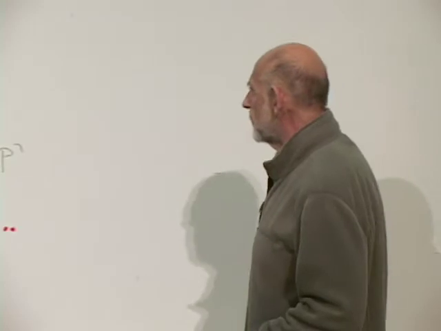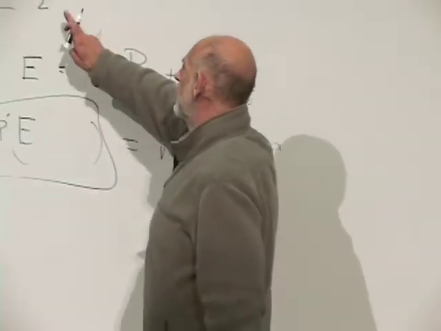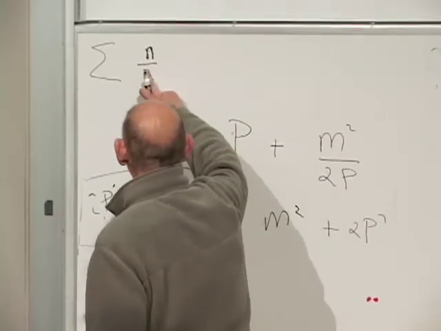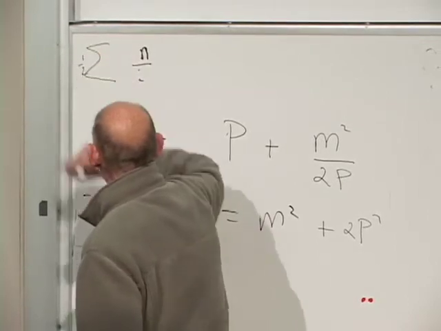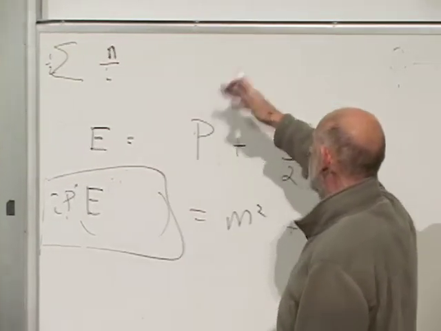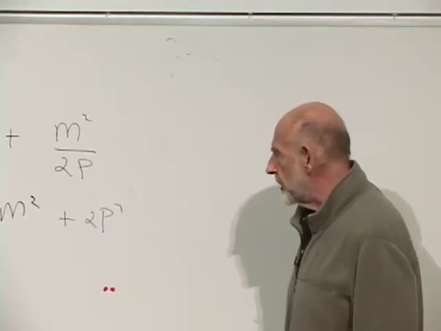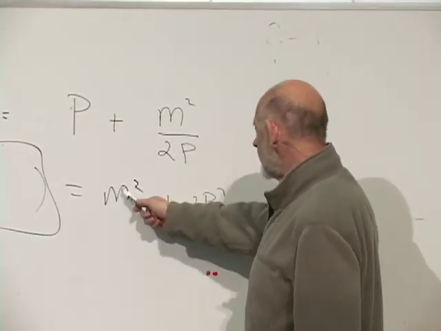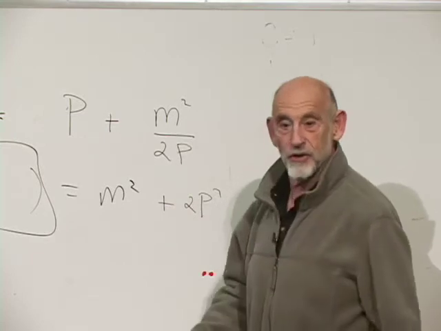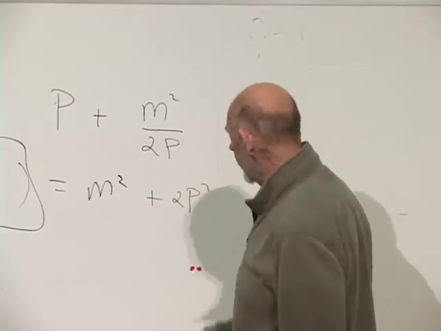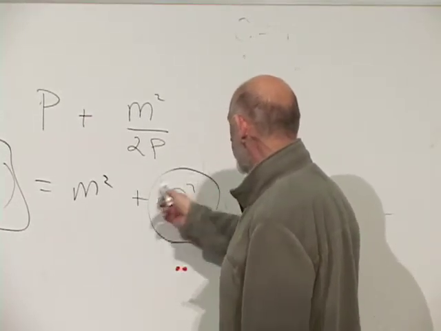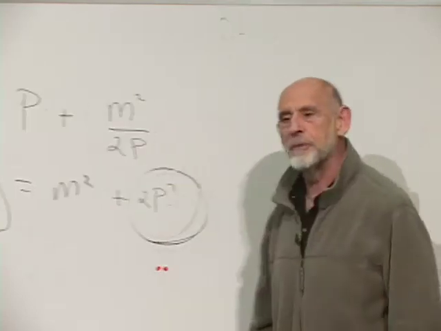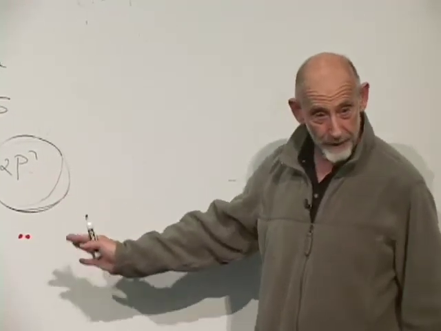I'm going to show you how that works, how you can add up 1 plus 2 plus 3 plus 4 plus 5, this is all the internal energy, and get something which looks like a constant, namely -1, which is what we want to get, plus an infinite piece that can be absorbed into something that's already there. This is a trick of physics that takes place all the time.